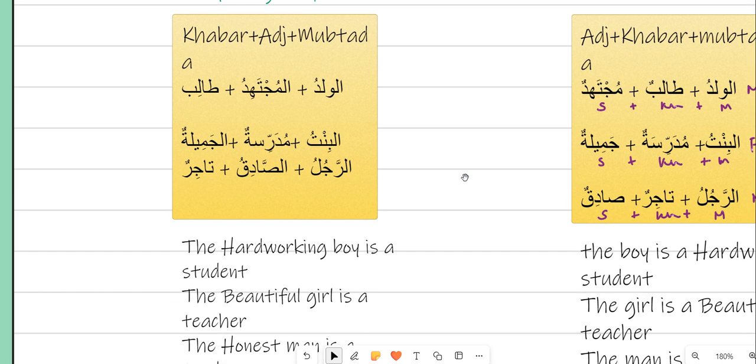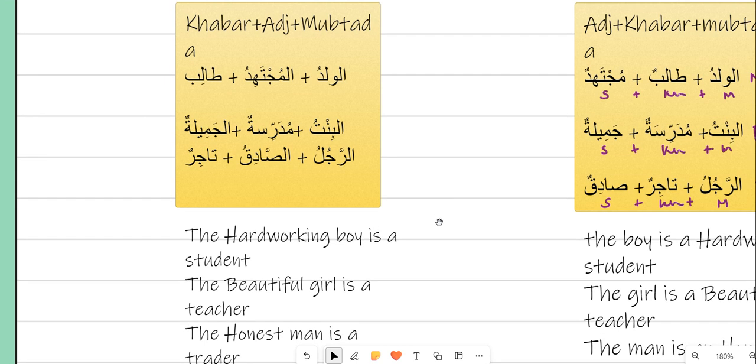So let's do this. Examples. First of all, the one is masculine. This is feminine, and this is masculine. So al-waladu. Now what comes in between? Al-mushtahidu. Now the sifa is coming for mubtada. See, both of them are marifa. You can check the mirror image. Here also you can check the mirror image.